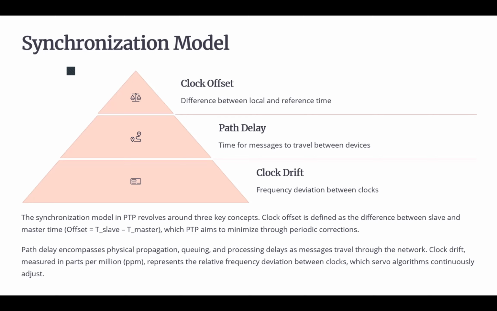Basically, PTP estimates this delay using a special message exchange, so it can adjust the clock synchronization to account for that delay. Path delays include multiple sources, like cable length, signal propagation, or processing time in the devices.